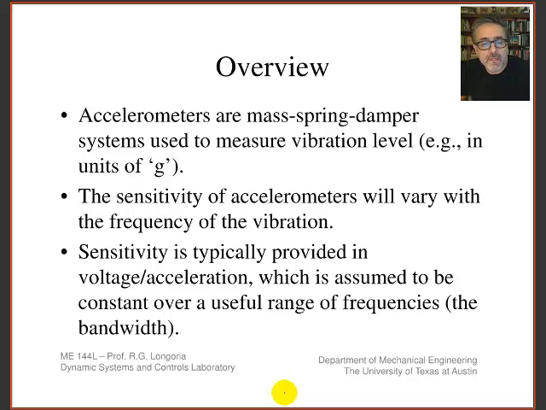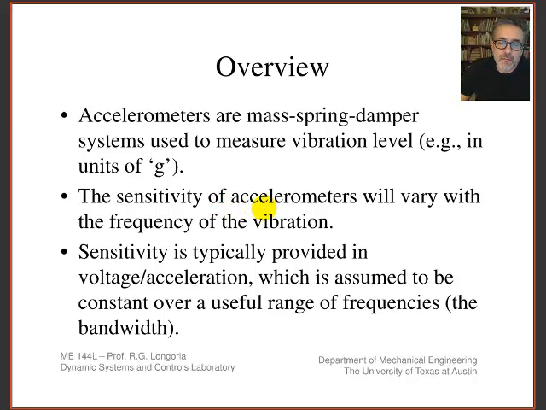So this sensitivity that's usually given for these instruments is usually reported, as I say here, in units of voltage out, often in millivolts per unit acceleration, usually reported in G's. The sensitivity varies with the frequency of the input.